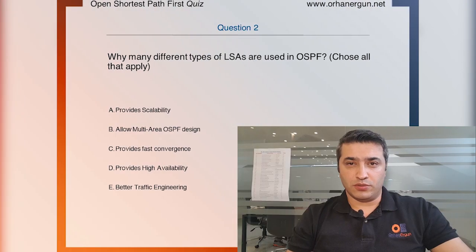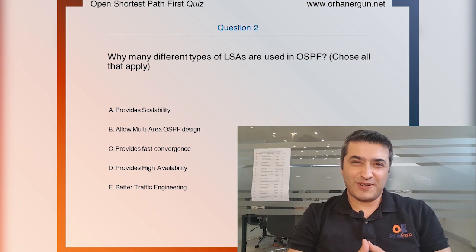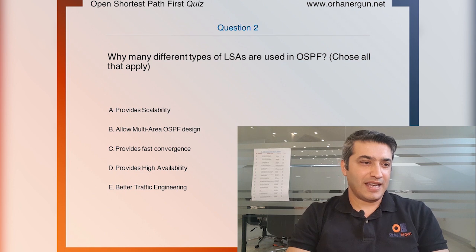So question 2. Why are many different types of LSA used in OSPF? Choose all that apply. I am doing this one on purpose, so choose all that apply. I could say choose 2, choose 3. Right now you don't know how many of them you should choose, but let's discuss the options, okay?